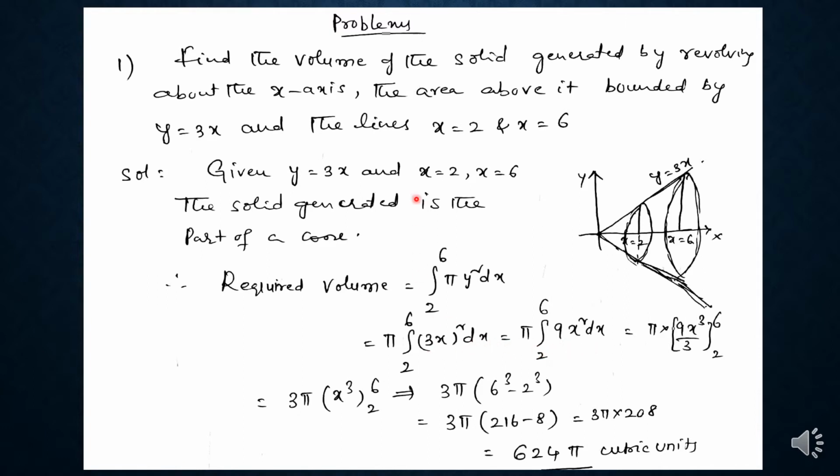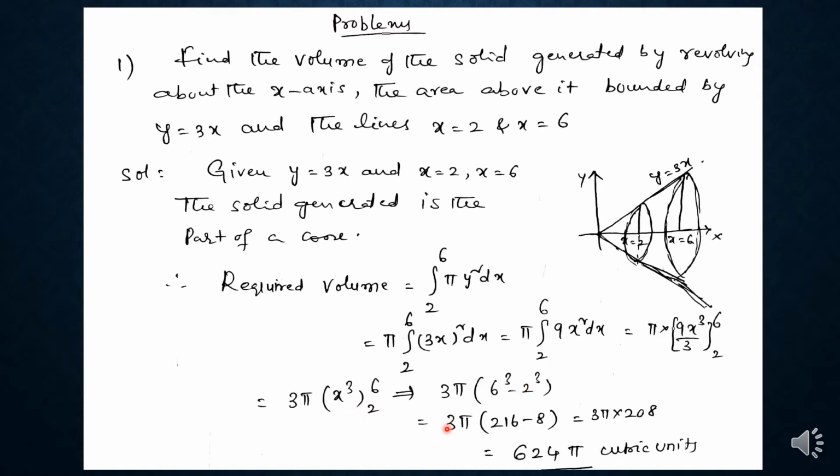By integrating this function, pi into 9 into integral x square dx is x cube by 3 from 2 to 6. So this becomes 3 pi into x cube from 2 to 6. By putting the upper limit 6, 3 pi into 6 cube minus the lower limit 2 cube.